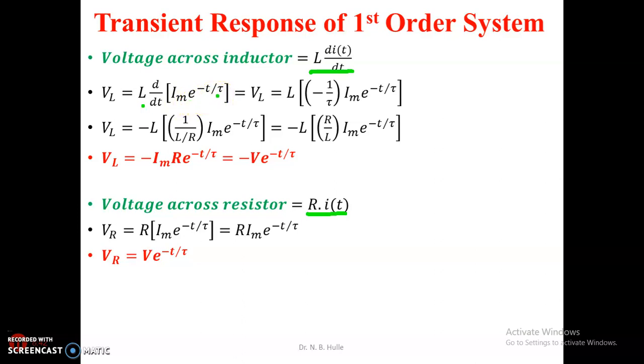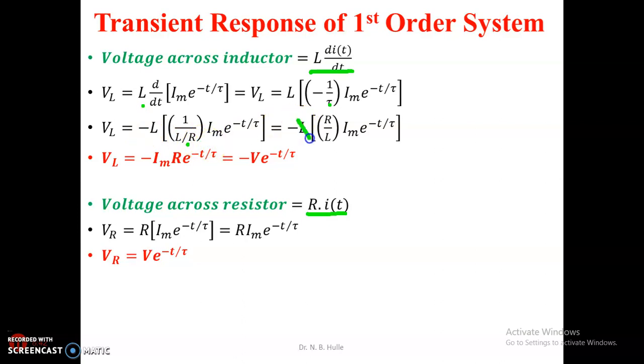This is L into minus 1 upon tau in bracket Im into e raised to power of minus t by tau. Simplifying, this becomes minus L in bracket 1 upon L upon R into Im into e raised to power of minus t by tau, because I am expressing tau as L upon R to simplify this equation further.